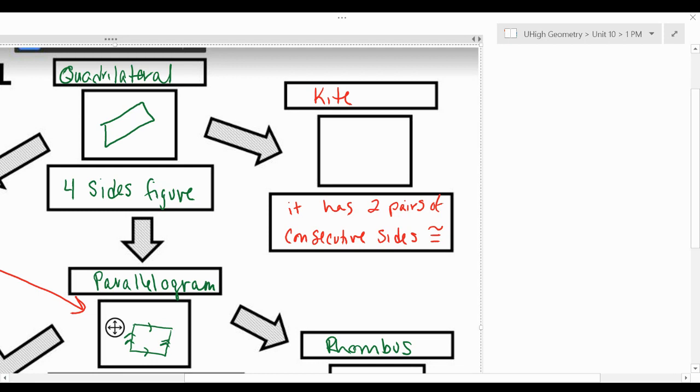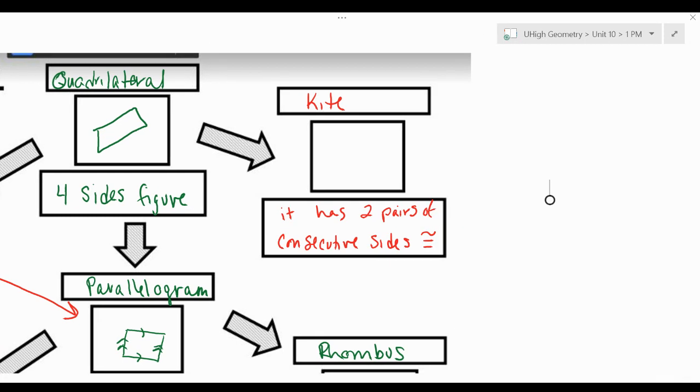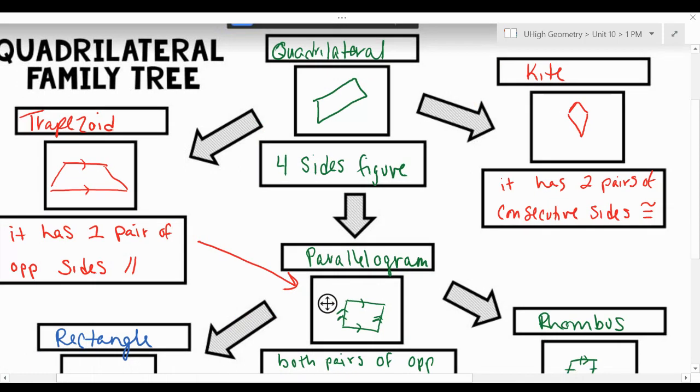So taking a look, nice thing about a kite is we know what a kite looks like because we know the kind of kite you fly. So we just have a kite, and we just know two pairs of consecutive sides have to be congruent.